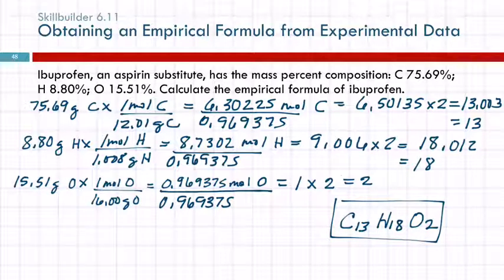That ratio, 13 to 18 to 2, cannot be reduced to simpler whole numbers because 13 is not divisible by 2. If you get a number like this and multiplying by 2 doesn't work, try 3, try 4, try 5.